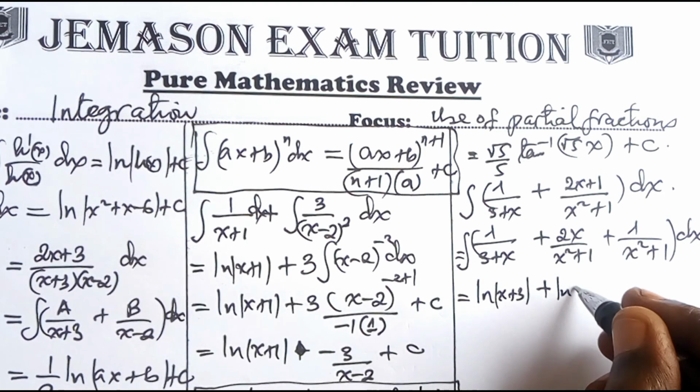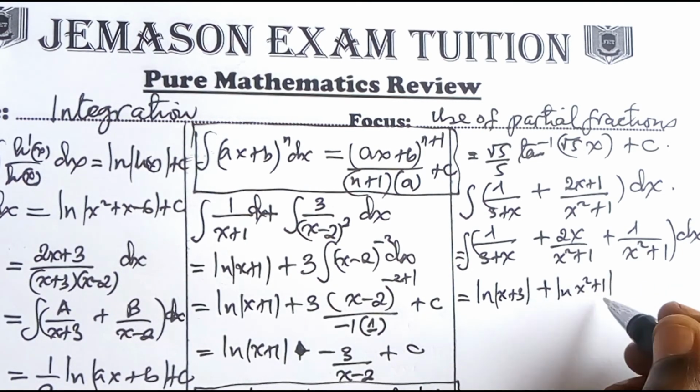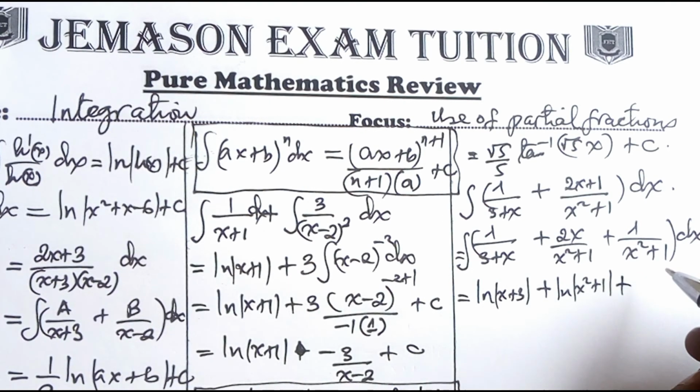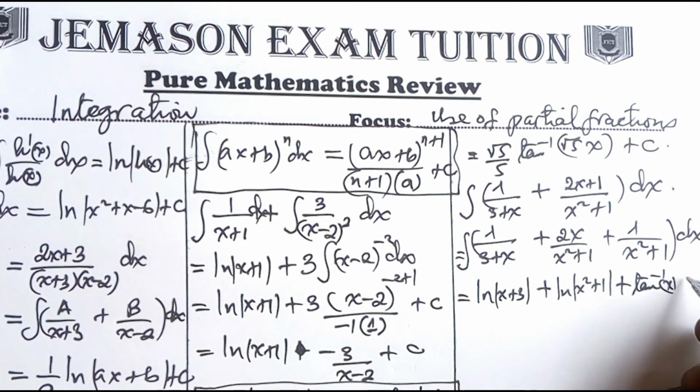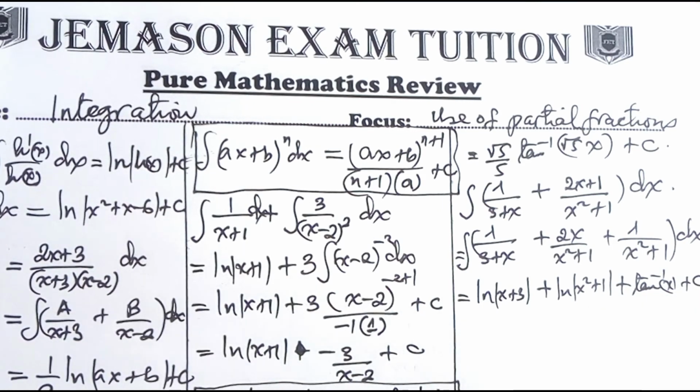So it becomes ln of the denominator, plus this other one is tan inverse. So the integral of 1 all over x squared plus 1 is simply tan inverse of x plus c, and that gives the integral. So take note of these cases where there is a quadratic factor at the denominator.